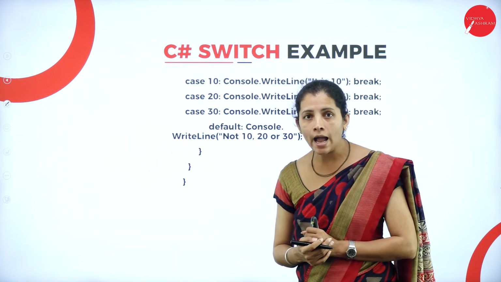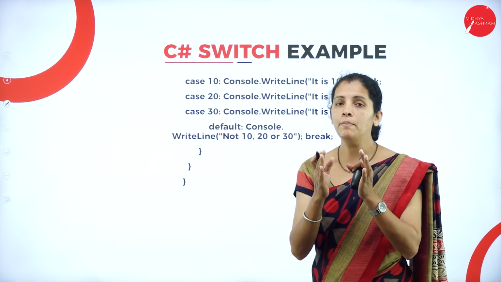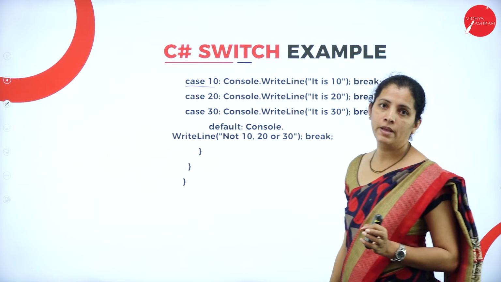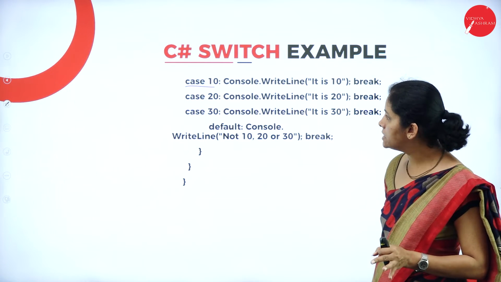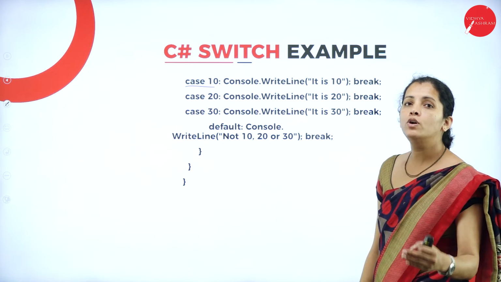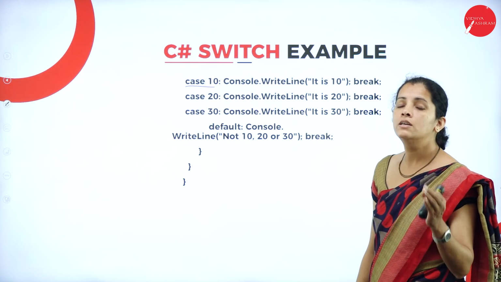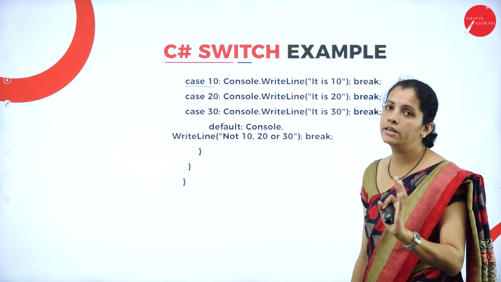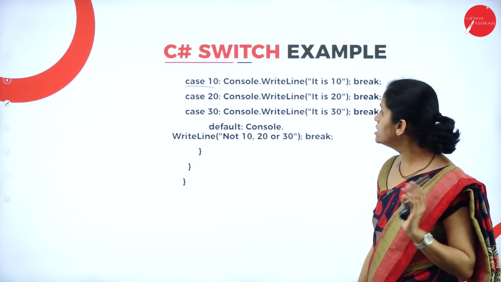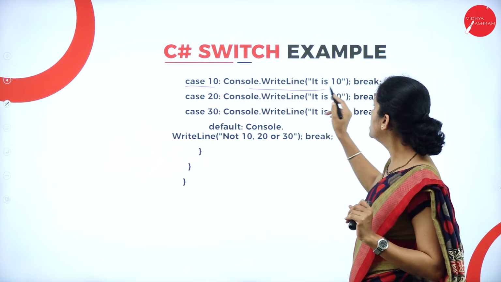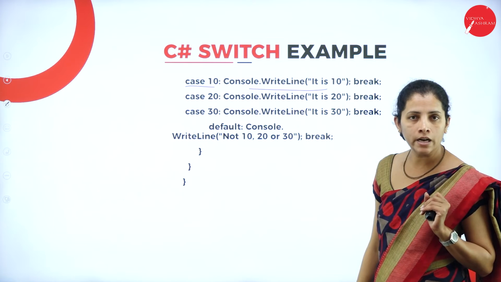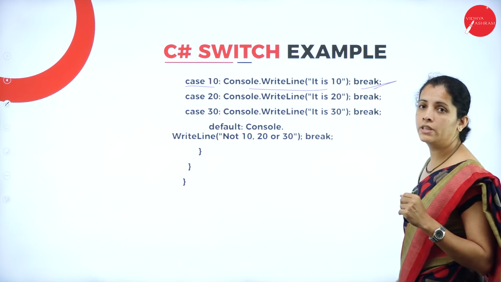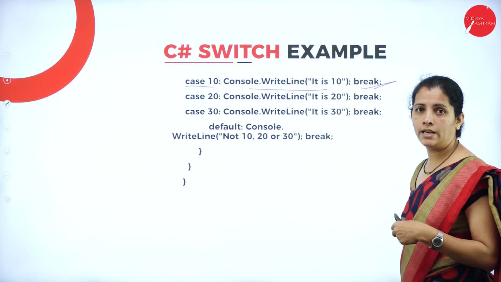Suppose if I press number 10, then I have case 10. And if it is satisfied, what do I want to do? I want to perform a certain operation, or execute a certain statement. And what statement am I going to execute? That is, it is 10. After that, I'm going to exit from the switch statement.